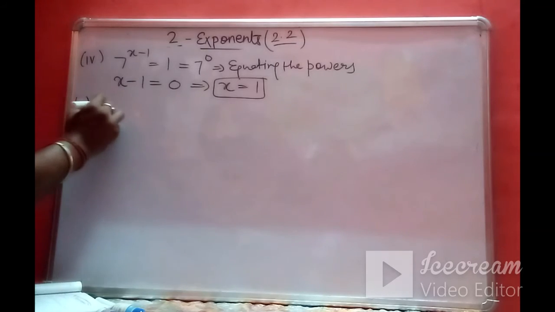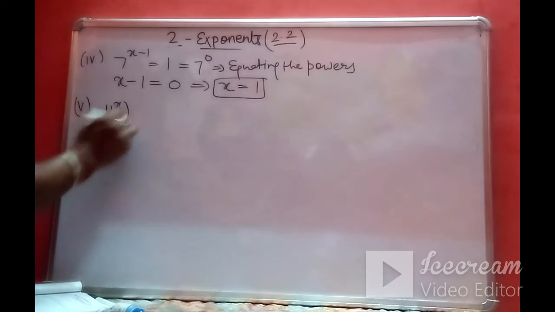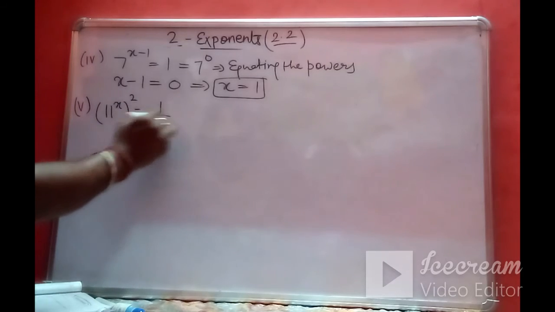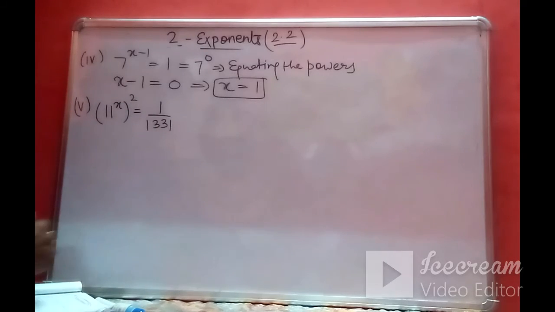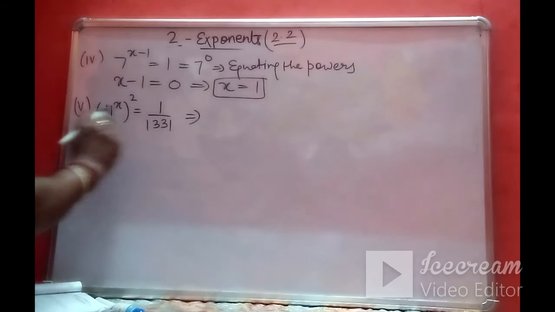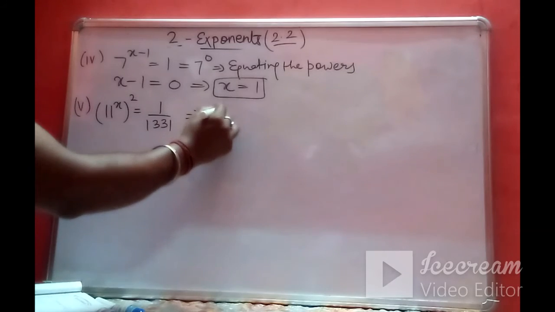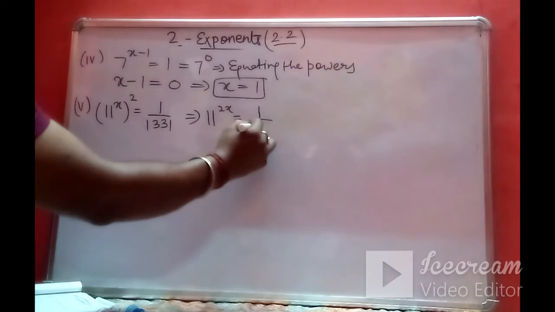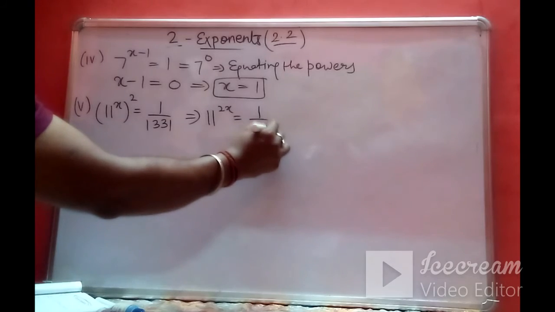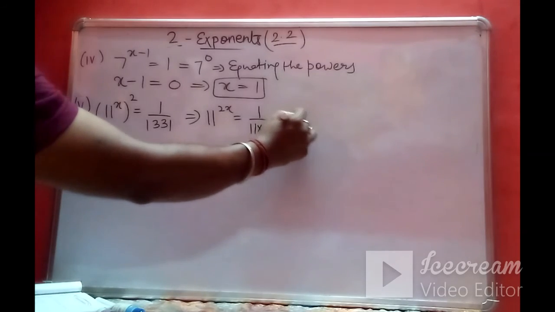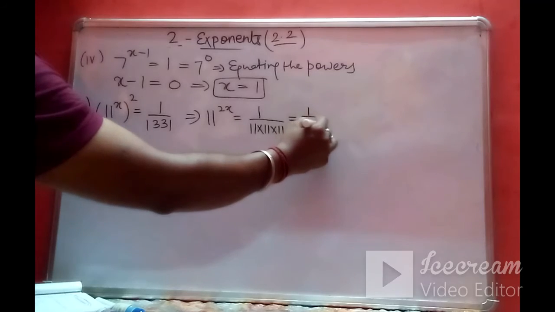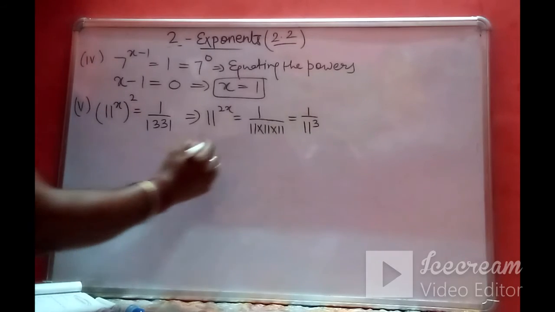Then suppose it is 11 to the power 2x equal to 1 upon 1331. Here first we will multiply the powers, and this 1331 we can write like this. This we have already studied, so it becomes 1 upon 11 cube.